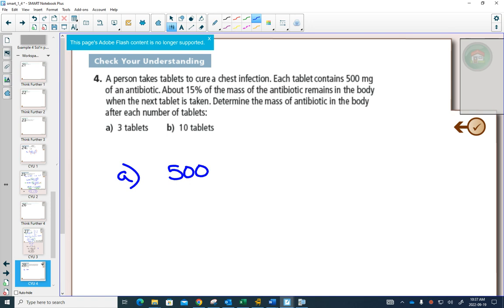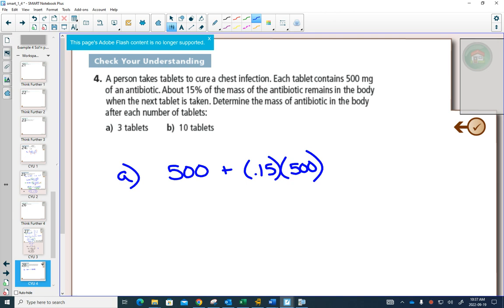If you took a second tablet, does it make sense that when you take the second tablet, so now this 500 is my second tablet, there's still going to be a little bit left from the first one? It says here that 15% is left after you've taken the first one. So if I do 15% of 500, that's how much would be left.